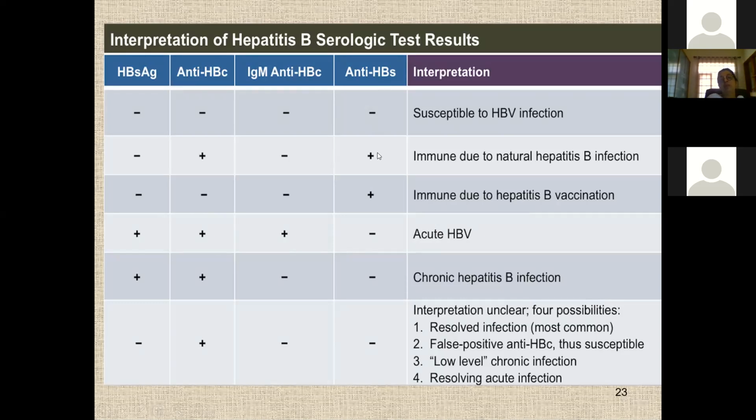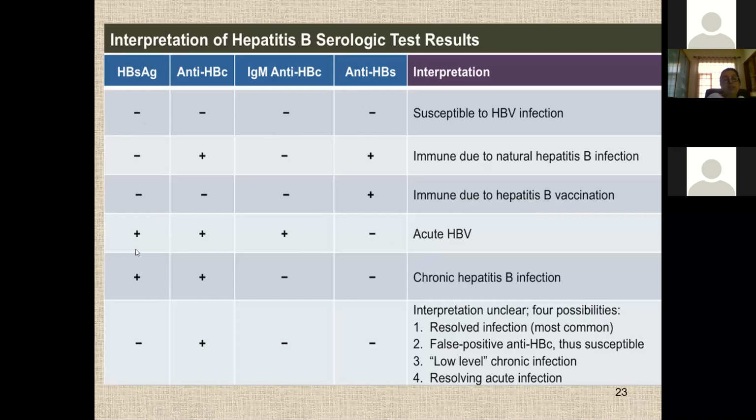So if the patient comes with hepatitis B surface antibody, you have to check core antibody and of course surface antigen. If the core antibody is negative, that means the patient had vaccination. If the patient is immune because of natural hepatitis B infection in the past, then the patient will have core antibody. In a patient who has never been exposed, never vaccinated, all the antibodies will be negative.